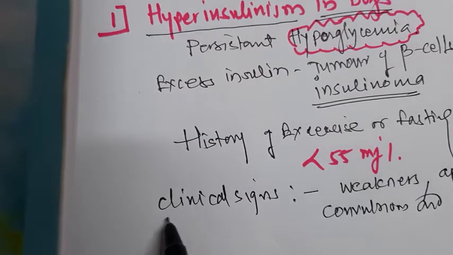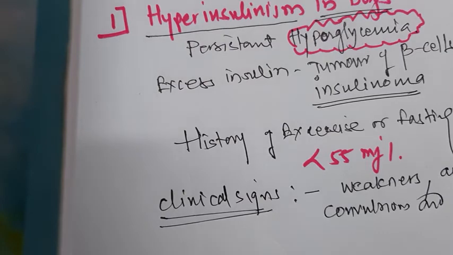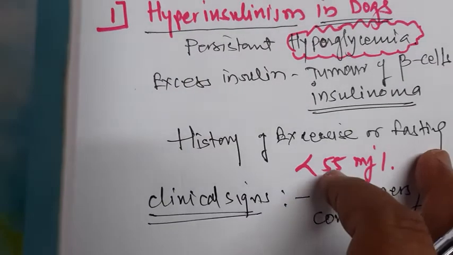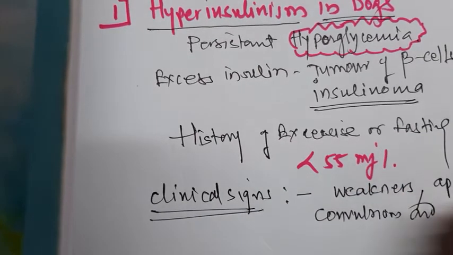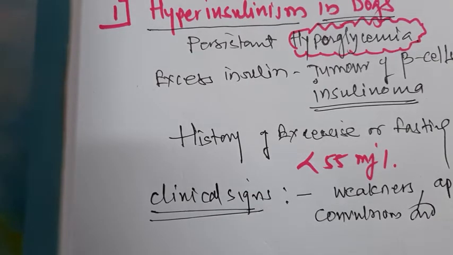So these are the clinical signs in case of hyperinsulinism. Please remember, this particular condition is in dogs, and it is because of a tumor of the beta cells of the islets of Langerhans, with an increase in insulin secretion, hyperinsulinism, resulting in persistent hypoglycemia.